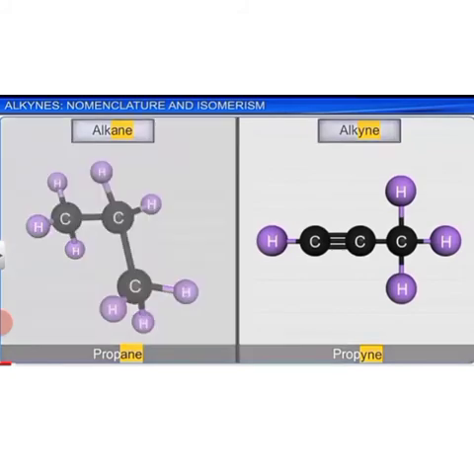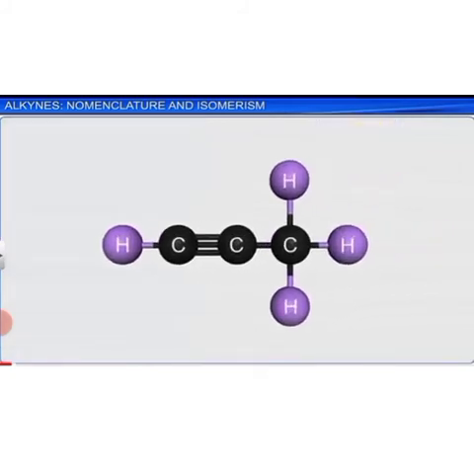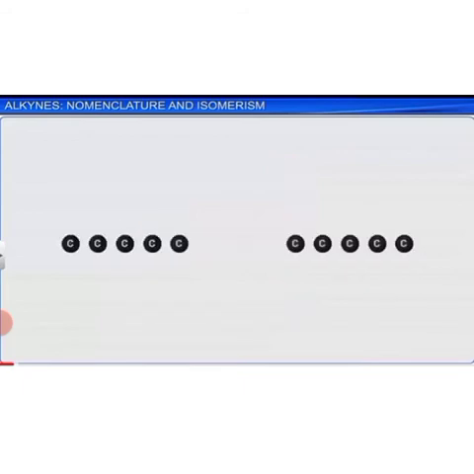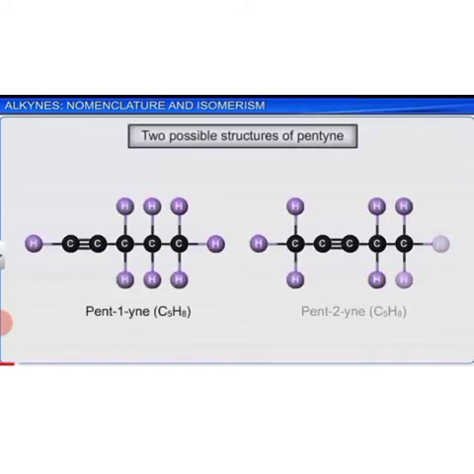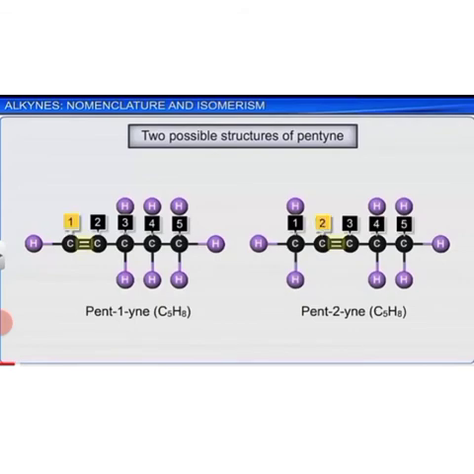In a structure, the carbon atom with the triple bond is assigned the lowest number. This lowest possible number of the carbon atom also denotes the position of the triple bond. However, in some alkynes, there may be more than one possible structure because the position of the triple bond may be different in each structure.